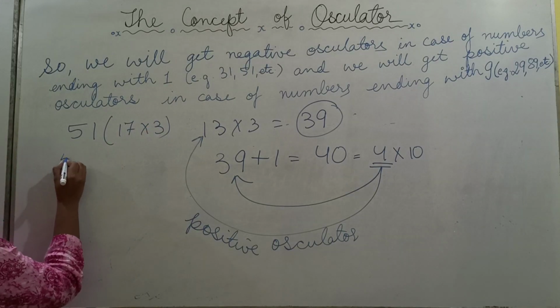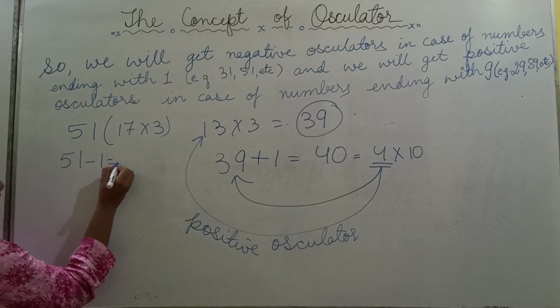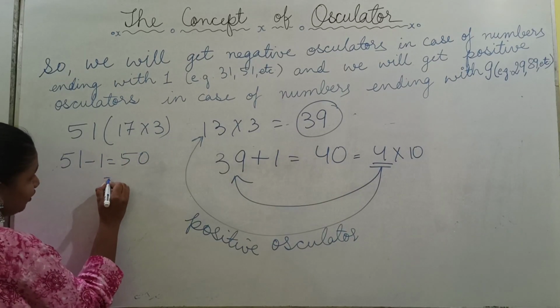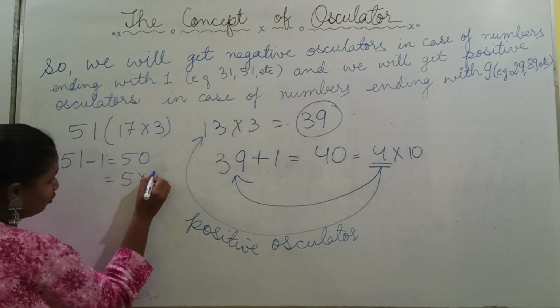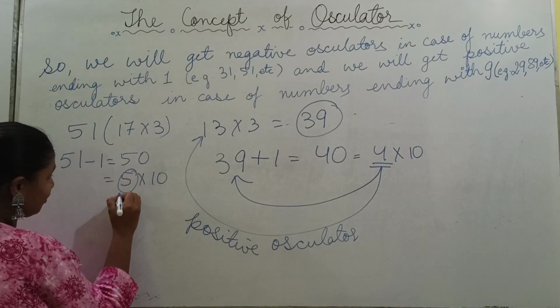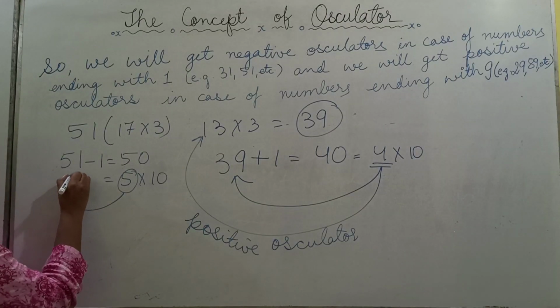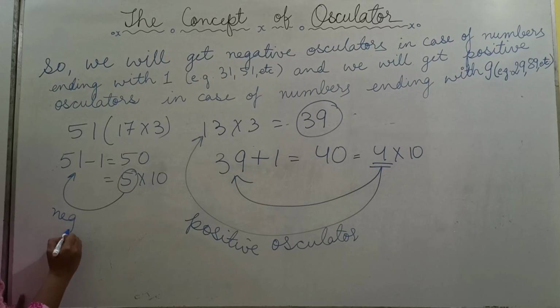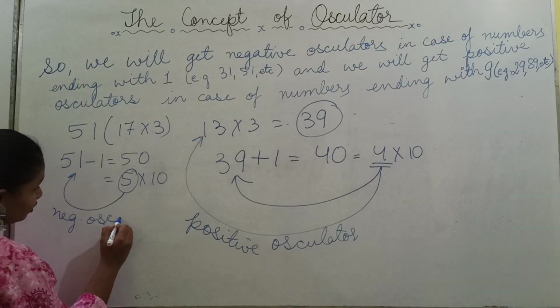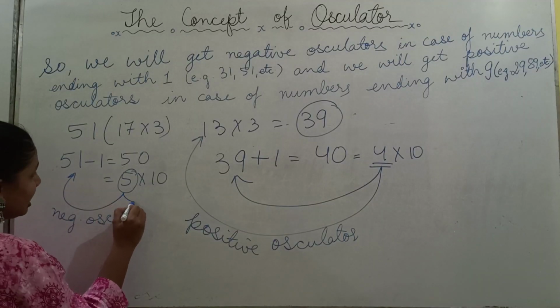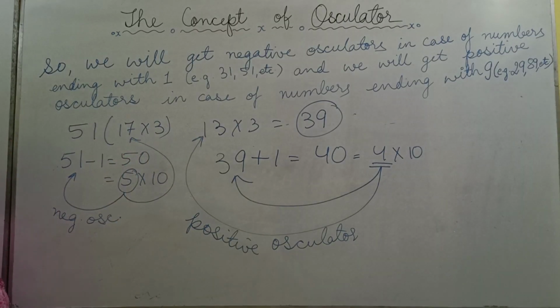Now 51 minus 1 equals 50, and 50 equals 5 into 10. So this 5 will be the negative osculator of both 51 and 17.